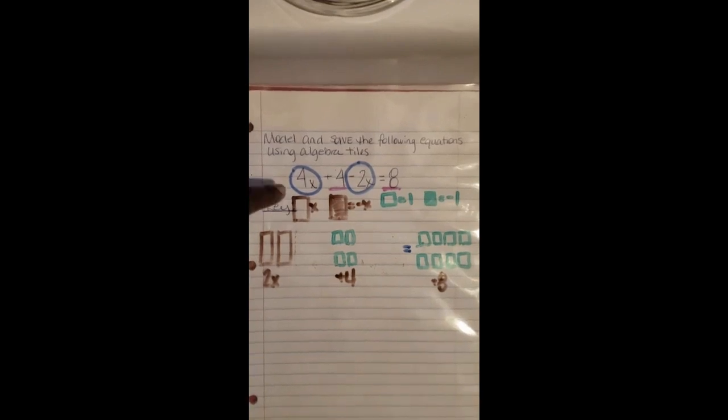Okay? Now we're ready for our next step. We have combined our variables. We now need to combine our constants. And we see that we need to move the 4 from the left side to the right side because we are trying to still isolate our variable to find out what our x value is. So with that being said, we need to form 0 pairs, and whatever we do to one side, we must do to the other.